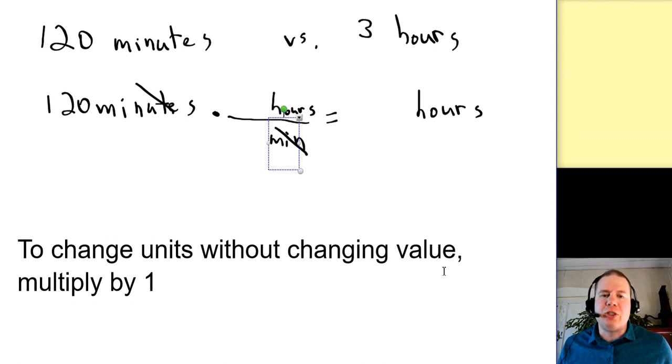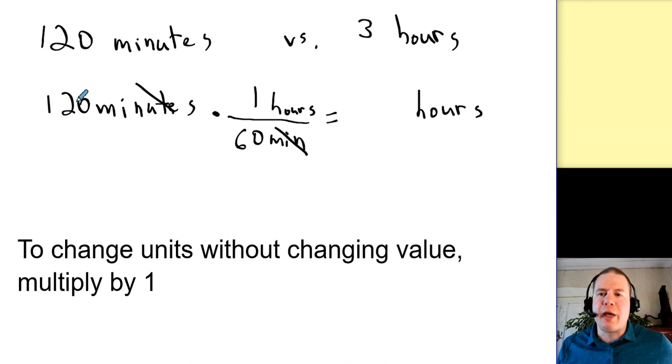There you're actually changing what it is you're measuring. But if we're just doing a conversion, we want to multiply by 1. Well, 60 minutes is equal to 1 hour. A number divided by itself is 1. 1 hour is equivalent to 60 minutes. These two amounts are equal to each other.